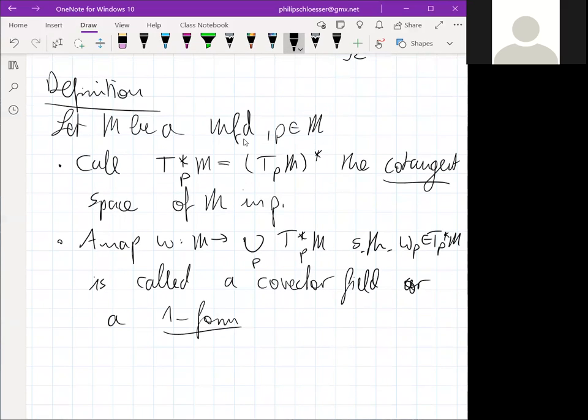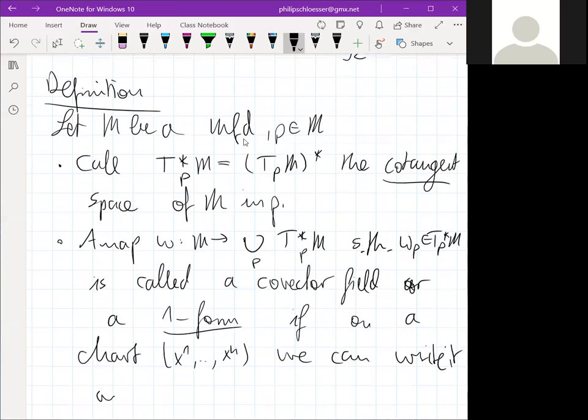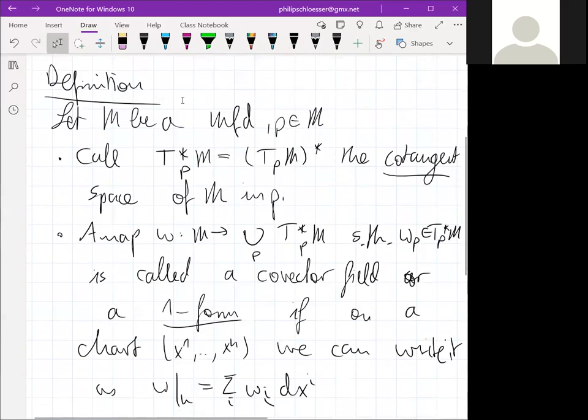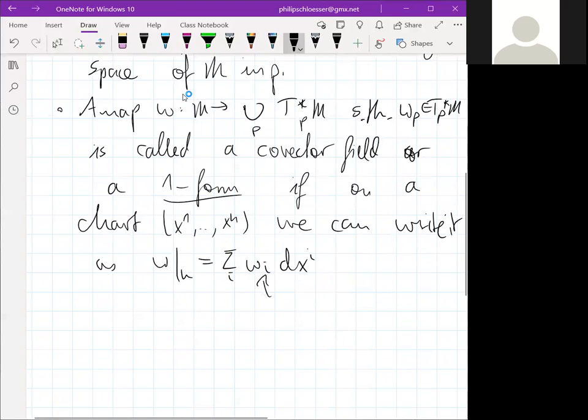Well, we can write it in local coordinates, if on a chart we can write it as some linear combination of dxi's, where importantly those coefficient functions are smooth functions.